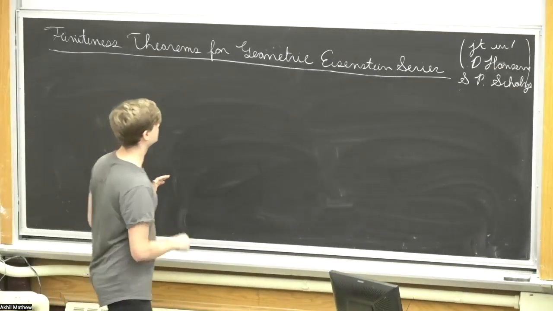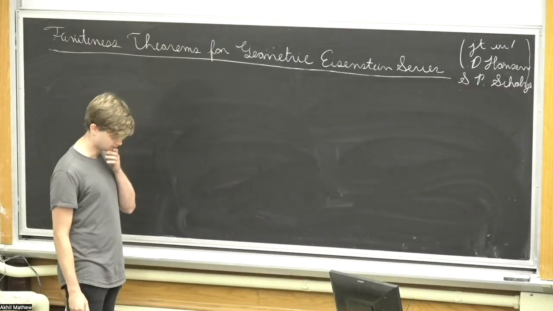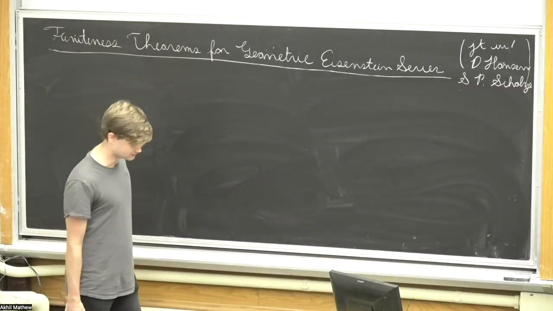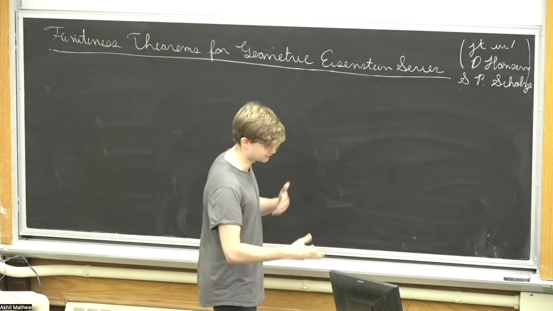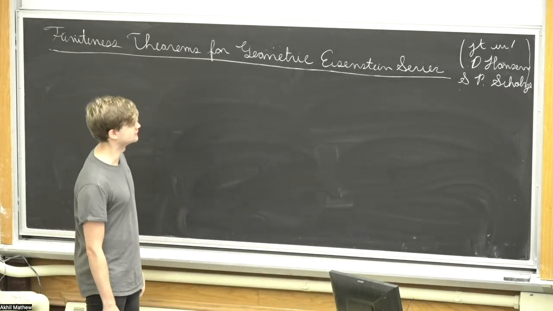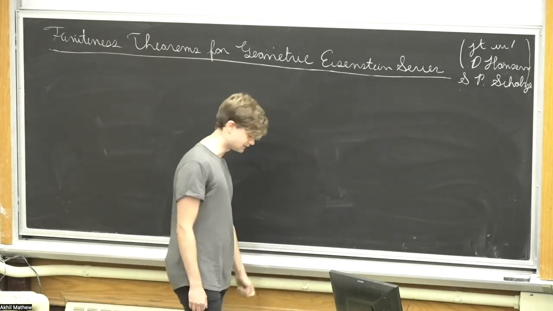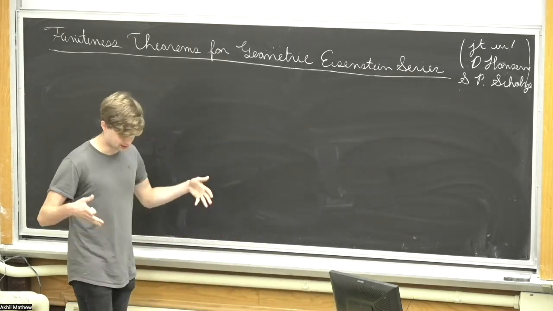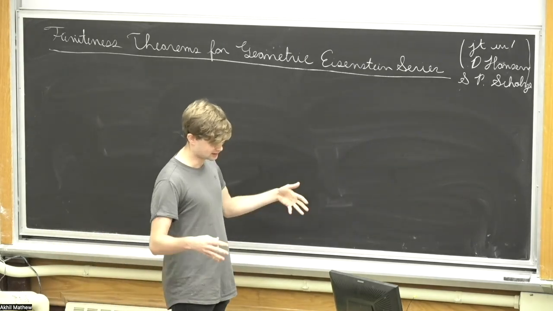Right, so I'm going to talk about Eisenstein series. Usually in the Langlands correspondence, you're interested in studying representations of some connected reductive group, usually infinite dimensional representations. And Eisenstein series, in all the different incarnations of the Langlands correspondence, is a way of adding some kind of inductive structure to that classification problem.